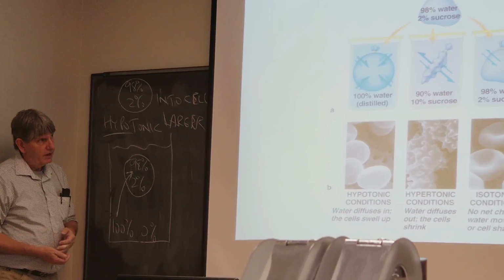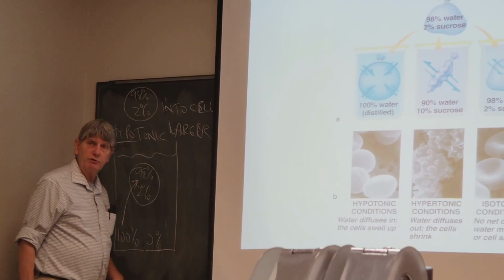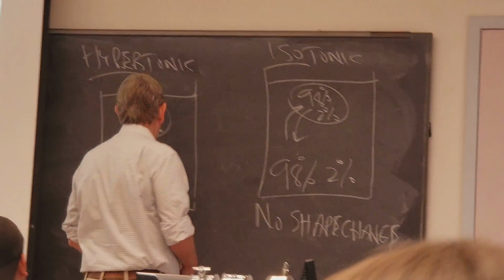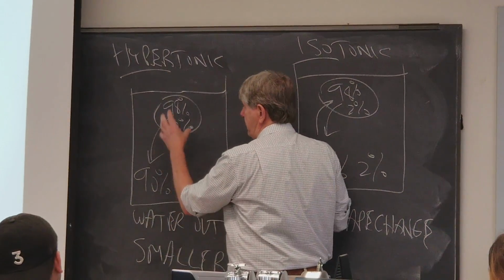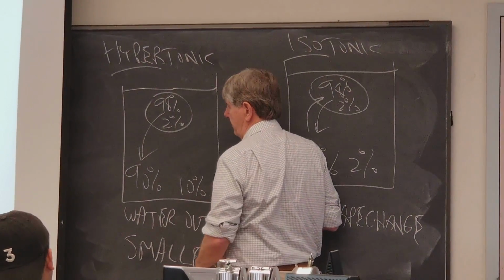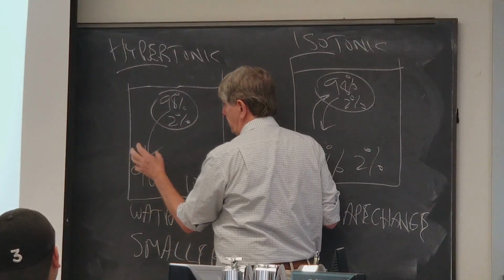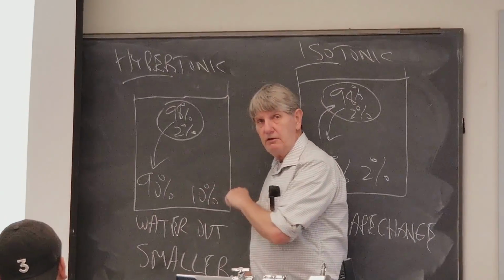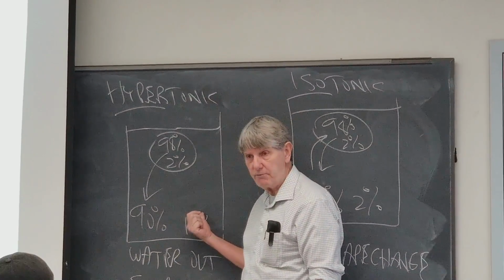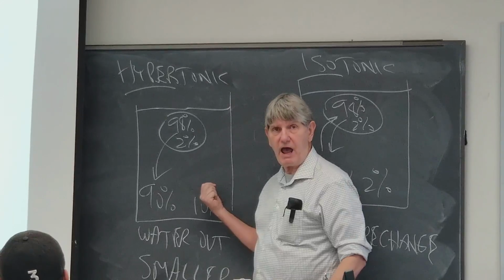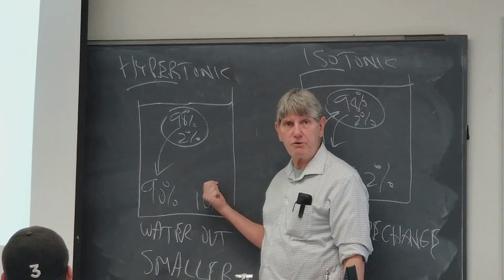And we can vary these all over the place with different numbers. I could make this one 98 and 2, but I could also make this 80 and 20, or 95 and 5. Still is hyper.